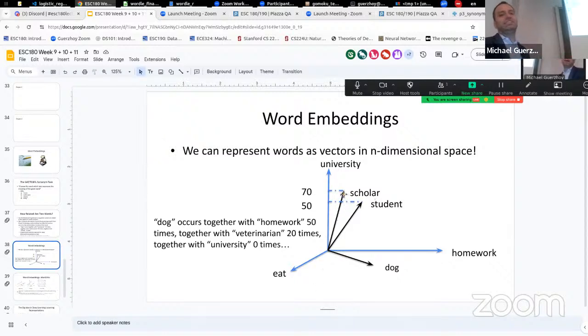So it's the scholar and student example. Student is a much more common word than scholar. And it might be that, in fact, you hope for the angle to be small, that the ratio between how often it appears together with university and how often it appears together with homework is kind of the same for student and scholar. That's what it means for them to point in the same direction.